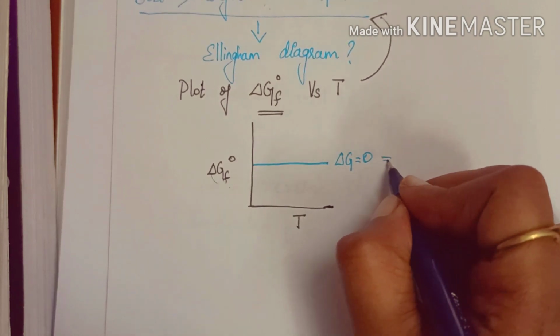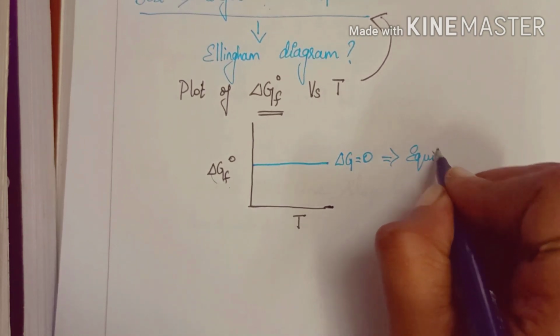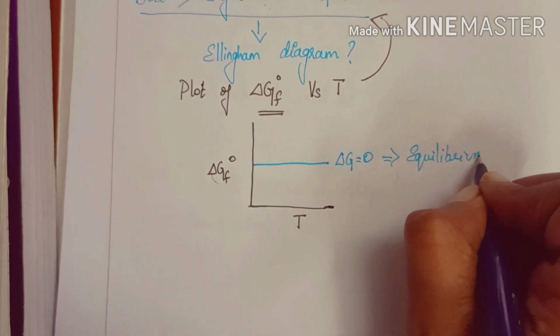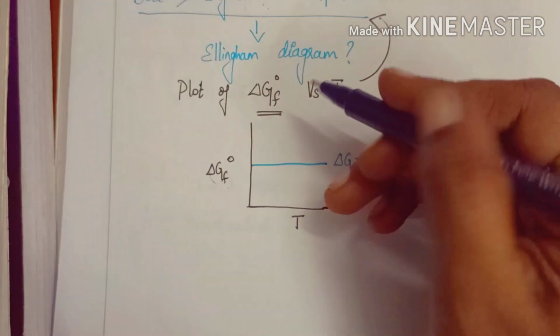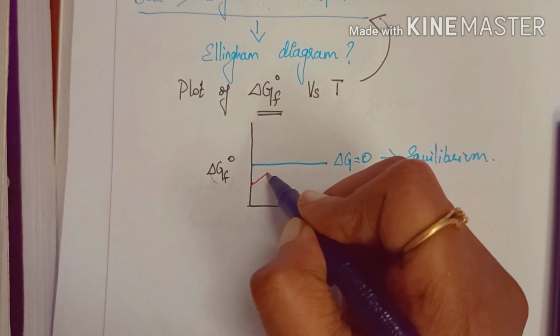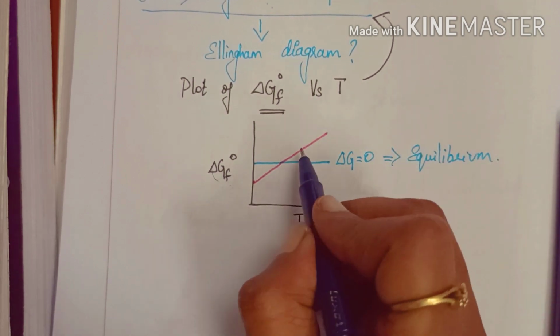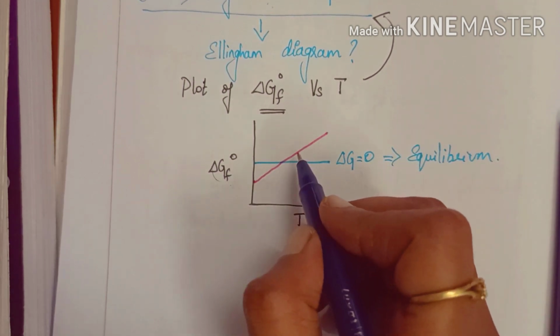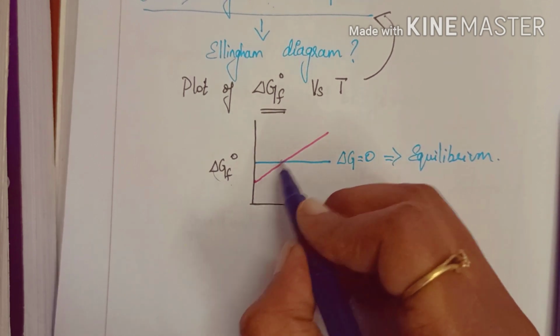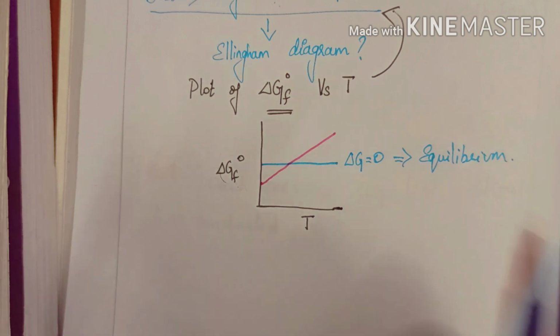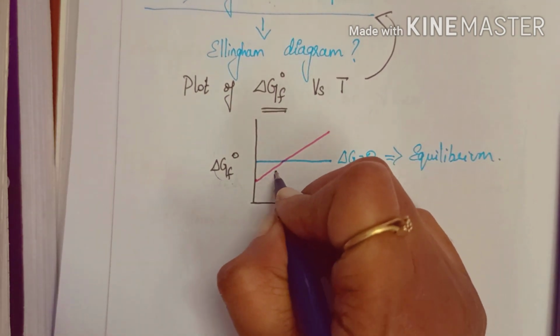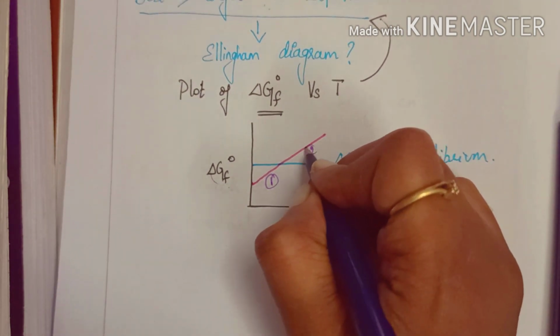That is, this line is said to be in equilibrium condition. Now, if there is a plot such that this is the line of that plot, then we can see that this line has two parts, right? I'll mention this as part 1 and this is part 2.